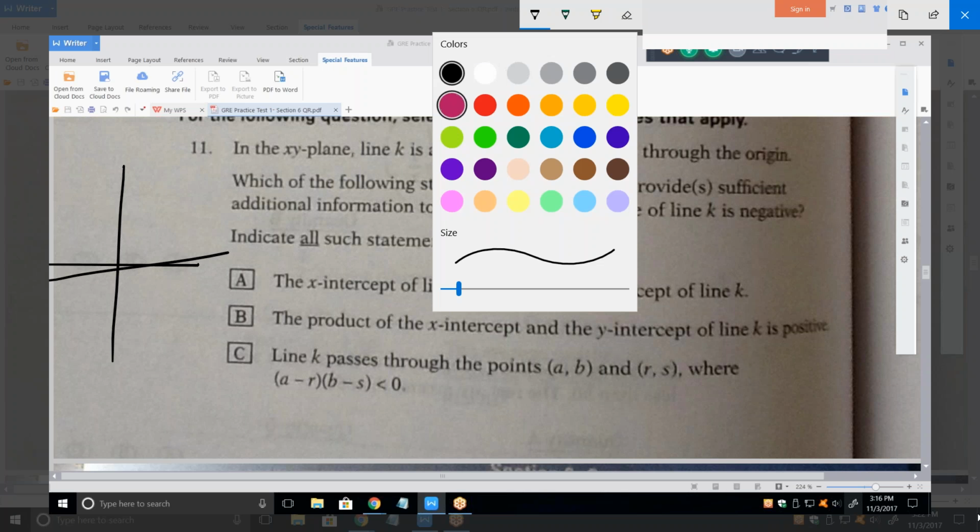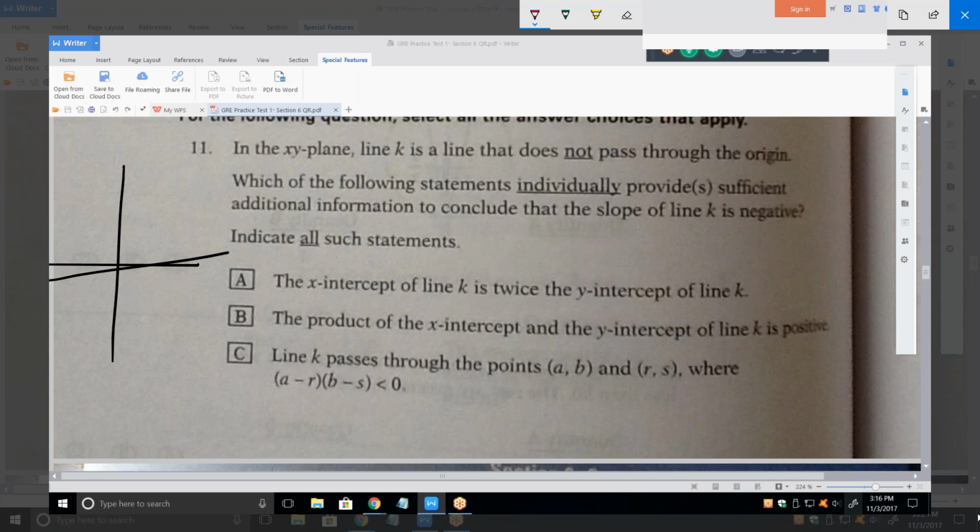I'm guessing that's positive. Negative. Positive. Horizontal line. Neutral. 0. No slope. It's actually 0.